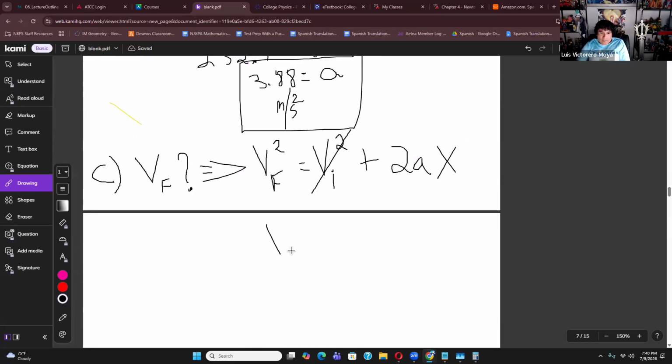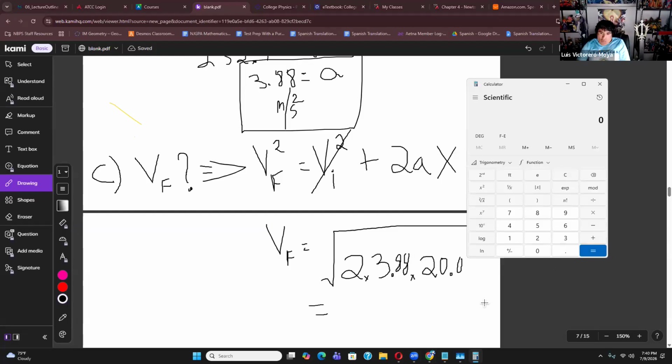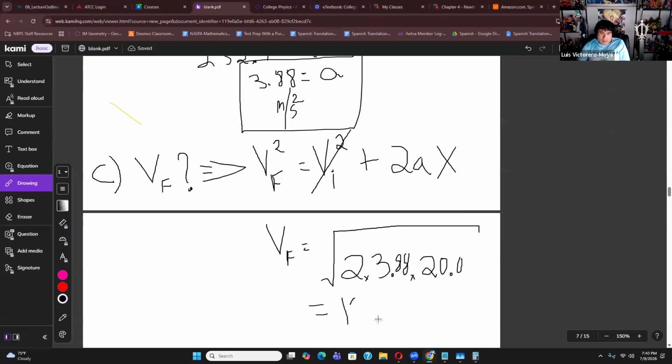So v final is the square root of 2 times 3.88 times 20. That's 12.46, or 12.5 actually, meters per second.